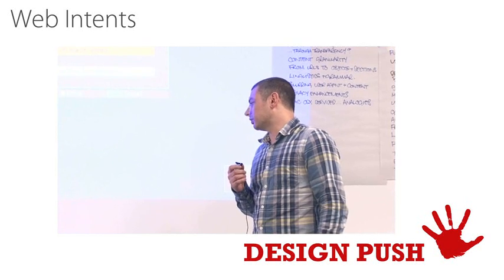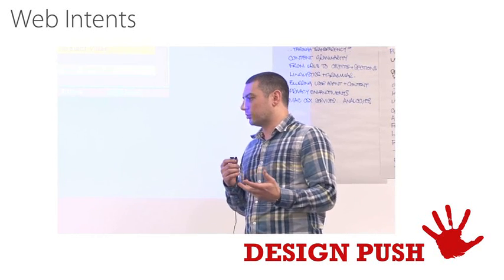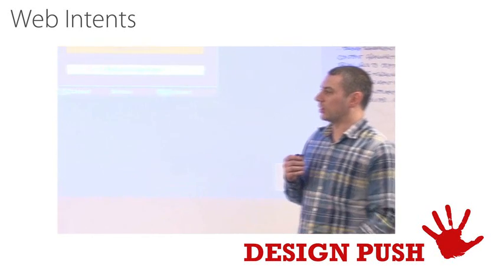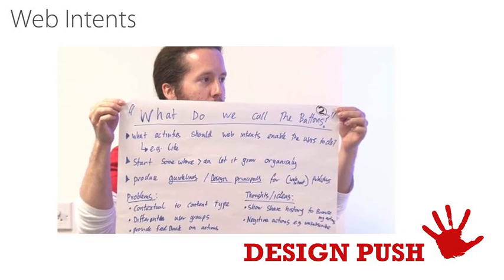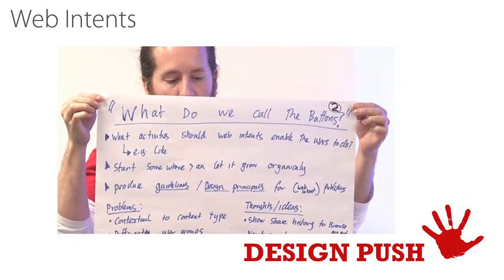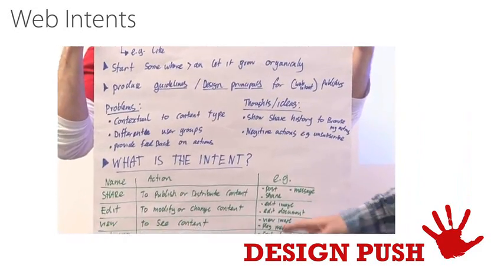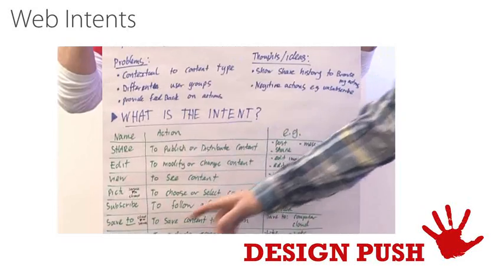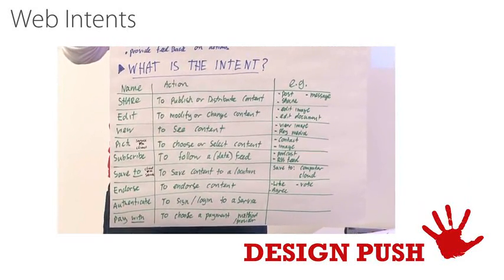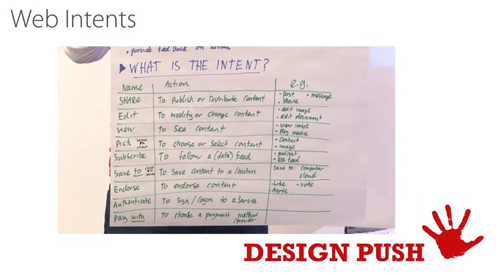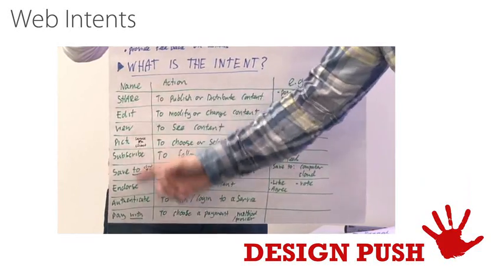We then went on to look at the linguistics behind it and what we call the buttons, and this turned into quite a long-winded discussion about the verbs and what they mean. I think the most valuable thing we've come up with is this table at the bottom, actually describing the action. We got a bit caught up in the fact that this is language we're talking to developers about, so we wanted to make it quite clear that this is what a developer sees.